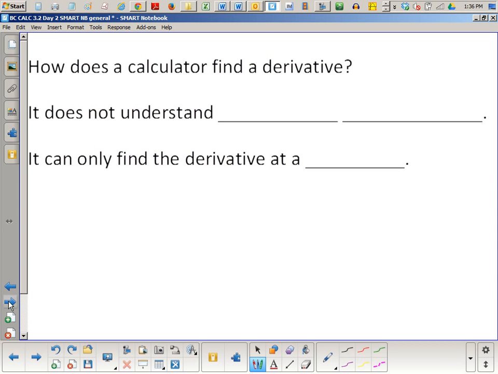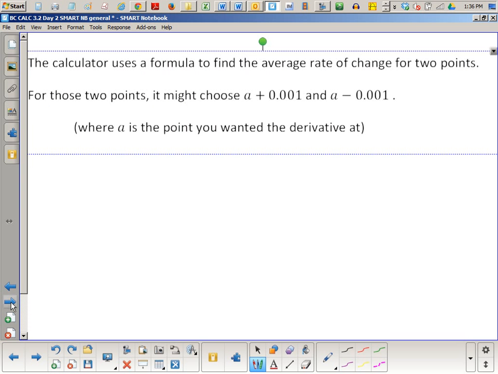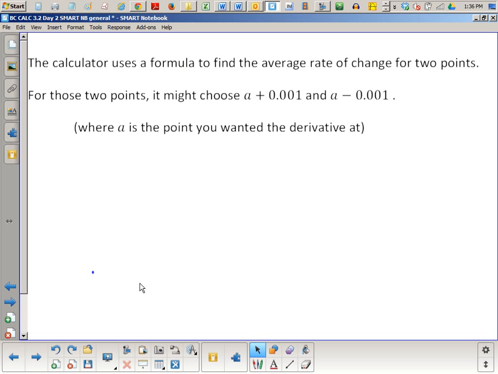The second thing is, it does not actually understand derivatives. The calculator is just using a formula to find the average rate of change between 2 points, and for those points, it might choose the number you gave it plus 1/1000th, and the number you gave it minus 1/1000th.